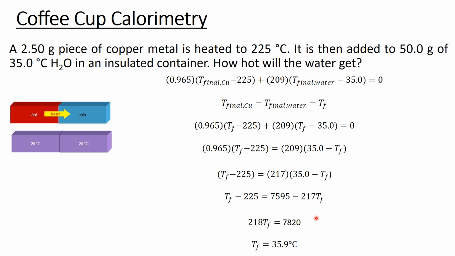And indeed, that's what I see. The temperature of the water only changed 0.9 degrees. The temperature of the copper changed by almost 200 degrees. So that should give you an idea of how good an insulator water is. You can put something that is above the boiling point of water in what is essentially room temperature water, maybe a little over room temperature, and the temperature is only going to change by 0.9 degrees.